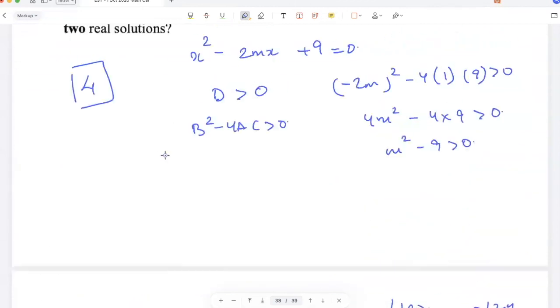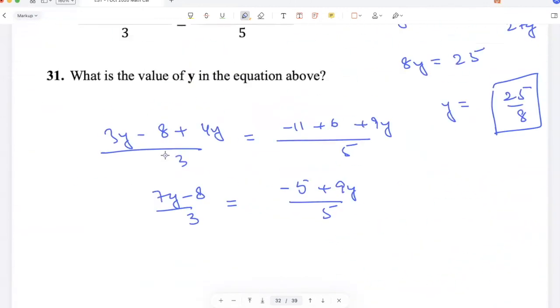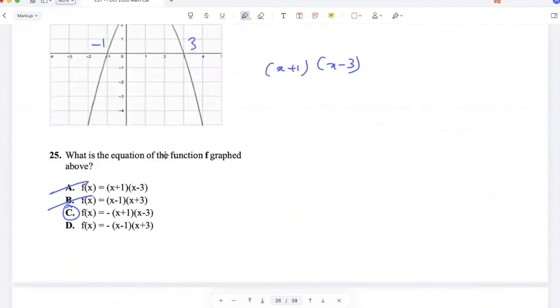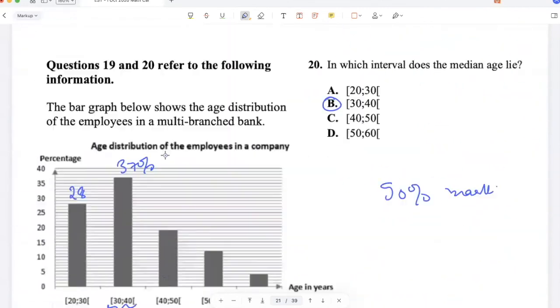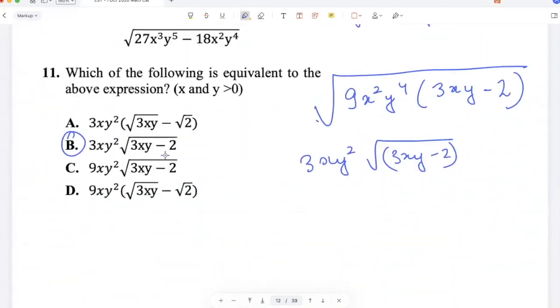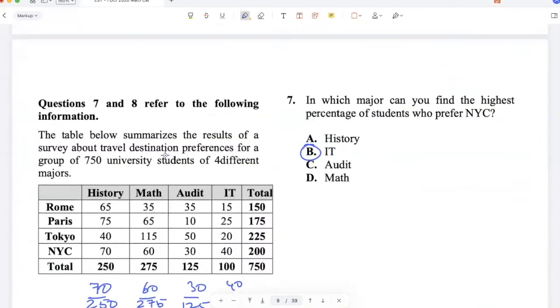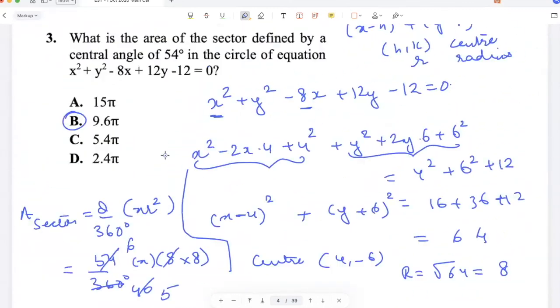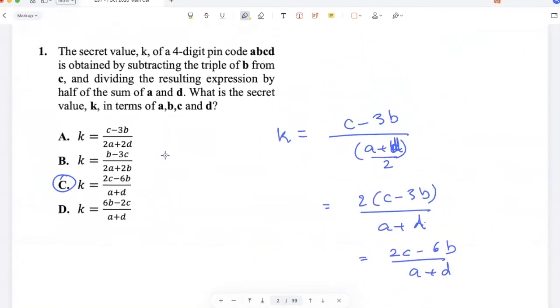Okay, let's grade this. This is the October 2020 calculator, starting from 1. Okay.